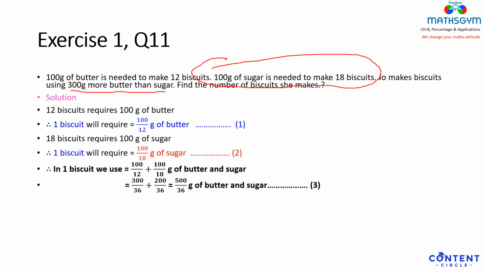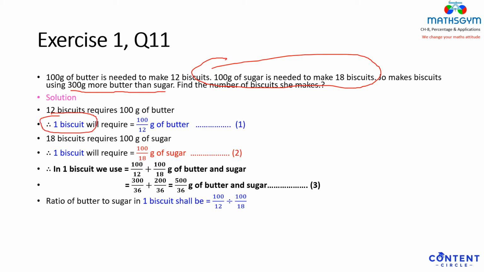As of now, let's find out the ratio of butter to sugar in one biscuit. So ratio of butter to sugar in one biscuit means butter upon sugar, right? So from 1 and 2, what do we get? 100 upon 12 is the butter divided by 100 upon 18. You need to pay attention. We can have the ratios only when we are talking about the same one biscuit.